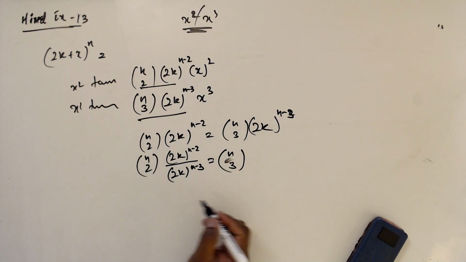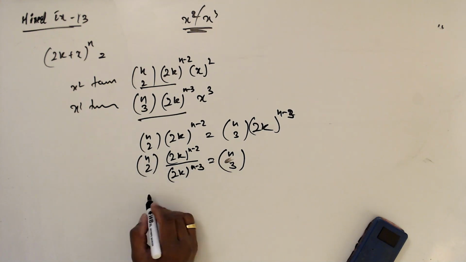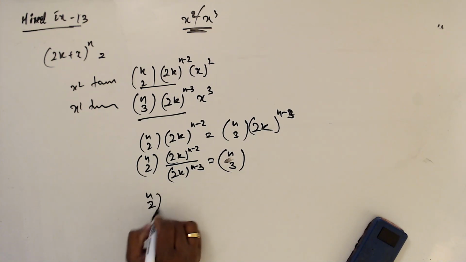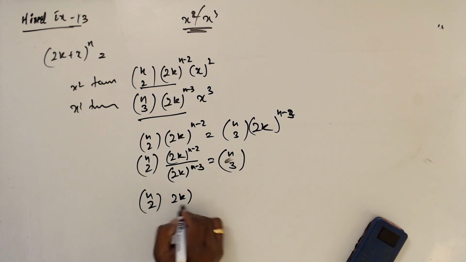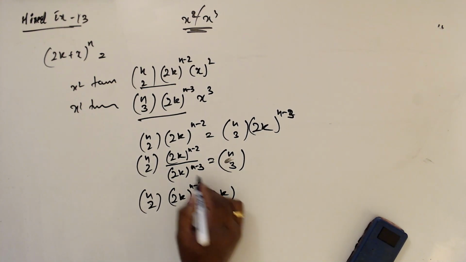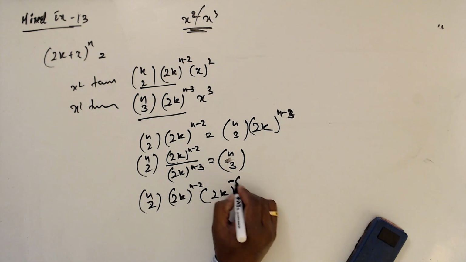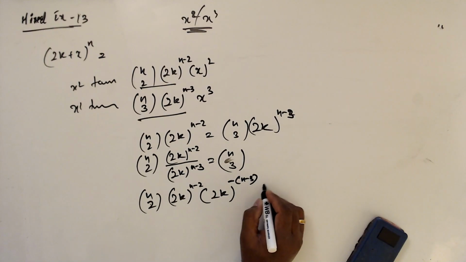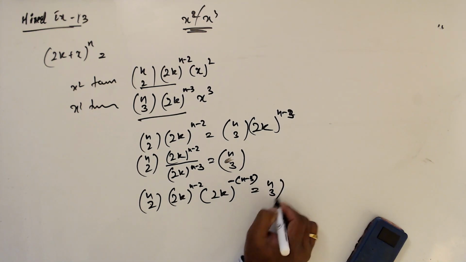So cross multiply, and I can write nC2 times (2k) to the power n minus 2 times 2k, and this is going to be minus n minus 3, equal nC3.